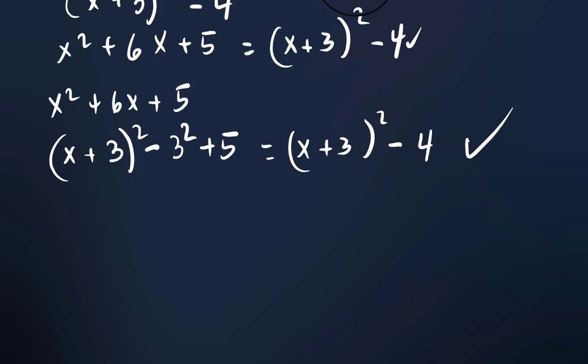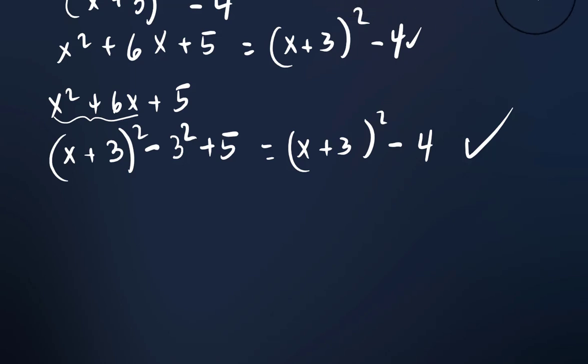So we have the same result. So in practice we don't remember these formulas, but we have to know how to break it down, to know that this form is of the form a squared plus 2 times a times b.